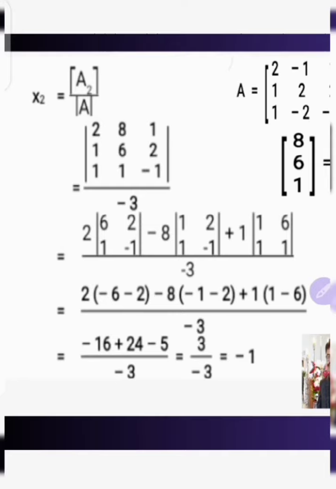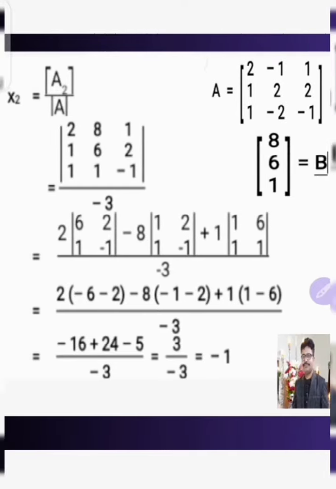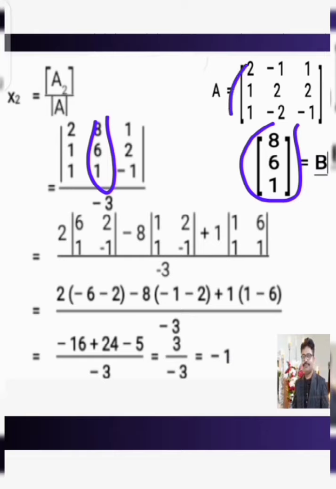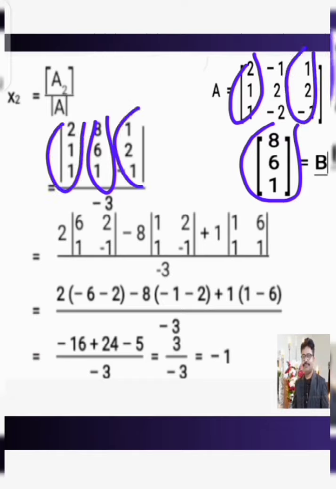The formula of x2 is A2 divided by determinant of A, and in the A2 determinant the value of B will be written in the second column, and the first column and third column will be written here. The remaining columns will be written in their particular positions.